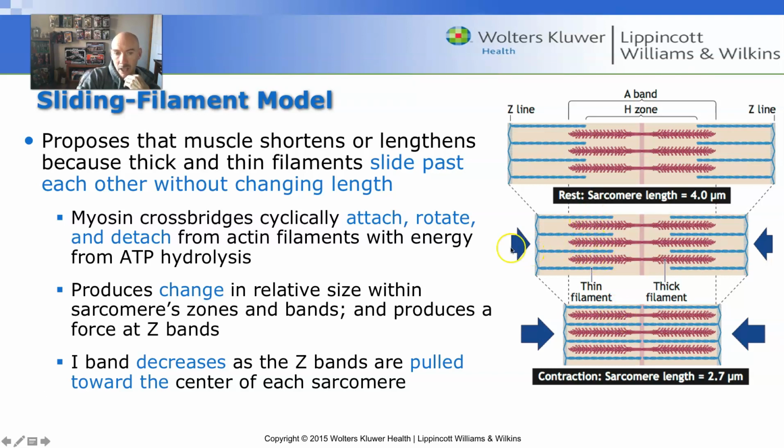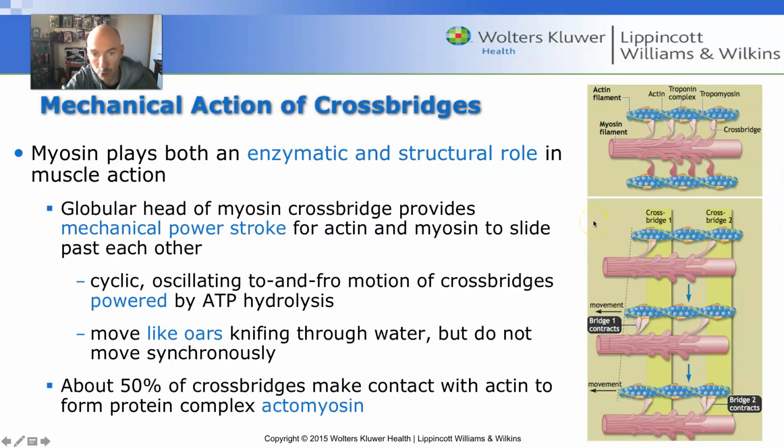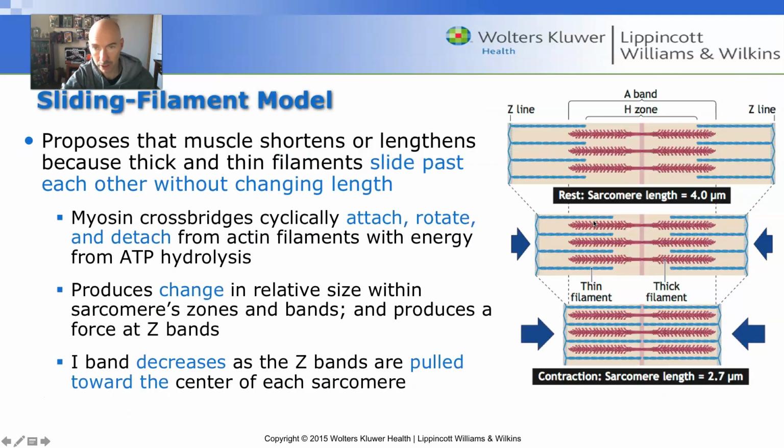This one is actually optimal overlap here. What this one shows would be an overstretched muscle. So notice here, there is a lot of opportunity for myosin to connect to actin, which would allow for rapid force production. With this one, there's limited interaction. So your ability to produce force is going to be lessened if the muscle is overstretched.